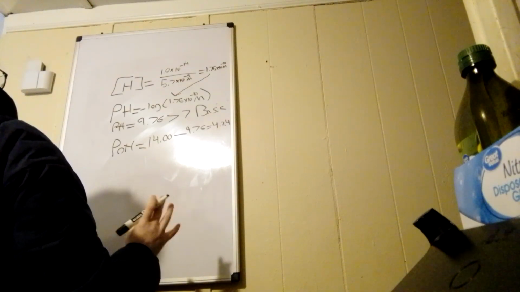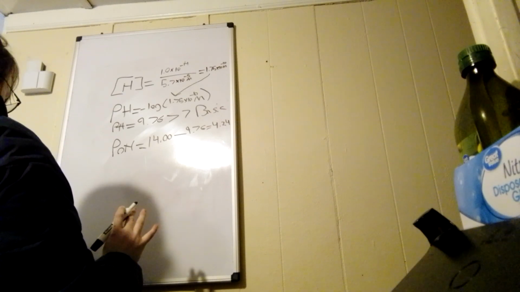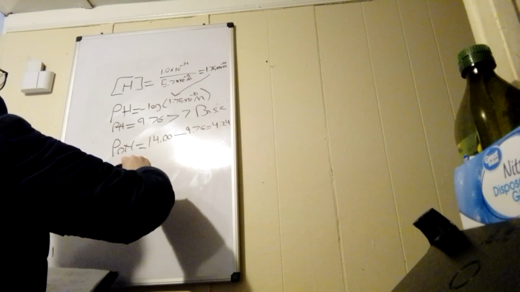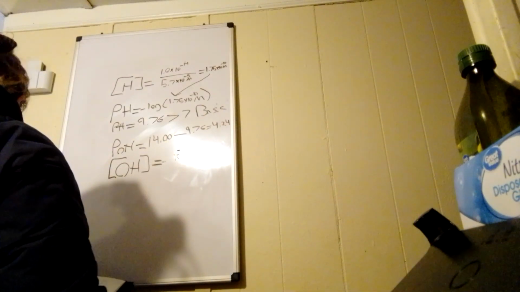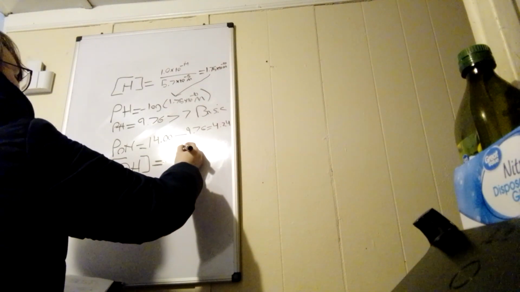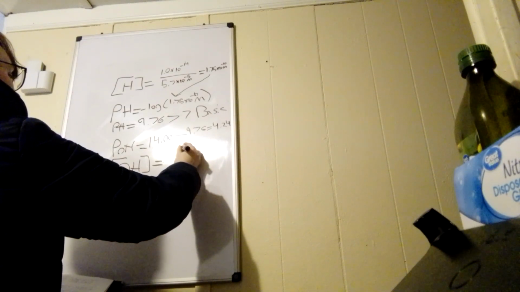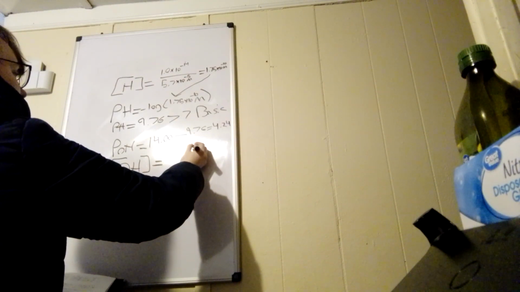And then, just so you guys are given an example of how you solve about finding the concentration of OH without having it starting out, we're going to set it up as our concentration equals 10 raised to the negative 4.24.